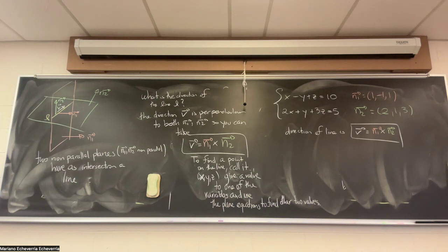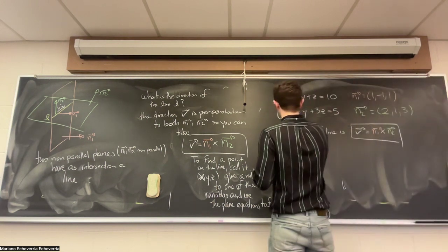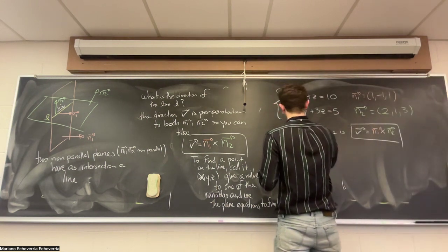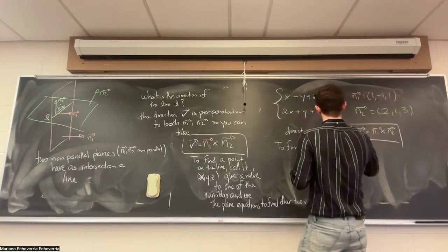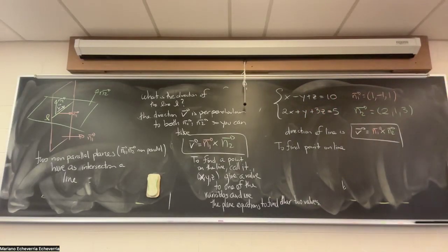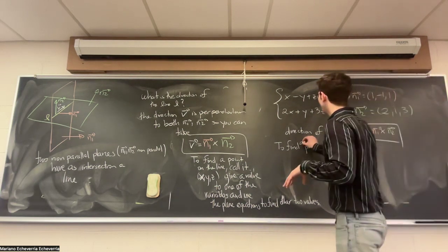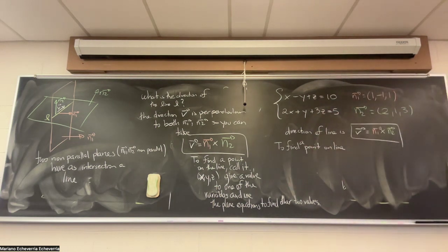So how do you find the point on the line? What you can do is say, well, I want a point whose z coordinate is 0, for example. That's an option.